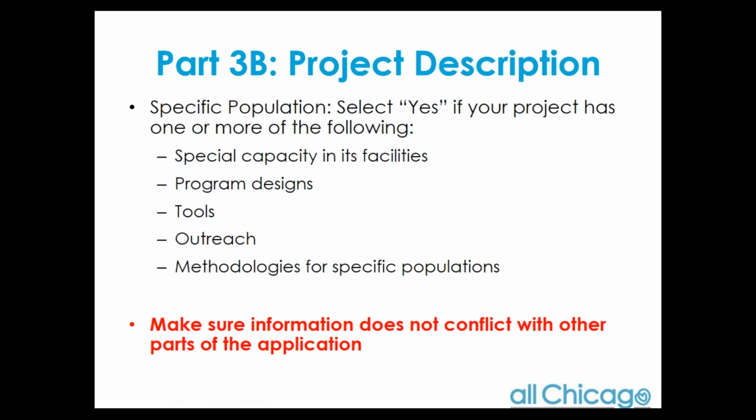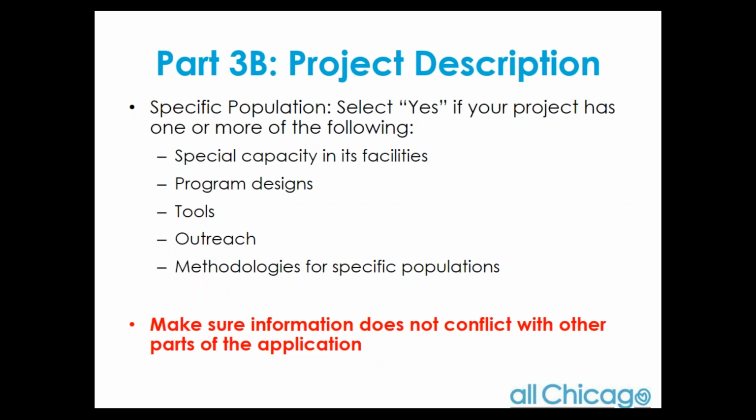You will have the opportunity to specify if there's a specific population that you serve. One thing we will note about this is that you should answer yes if your project has one or more of the following: a special capacity in its facility, a special program design, some tools, outreach, or methodologies for these specific populations.